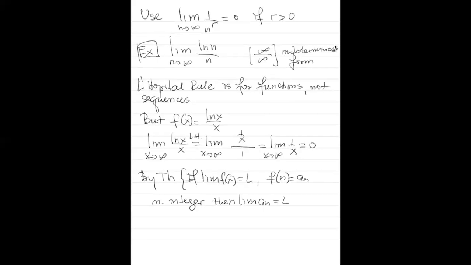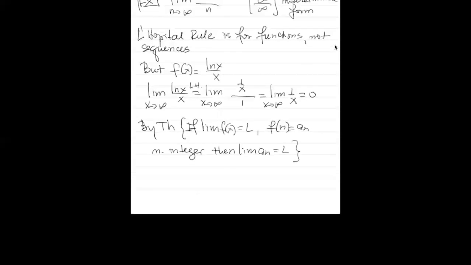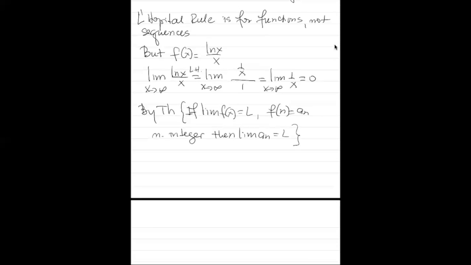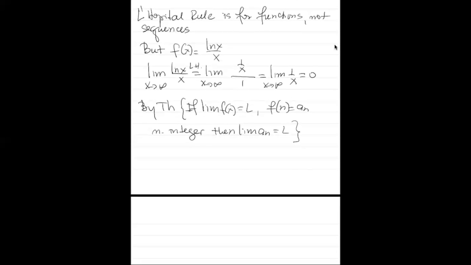X can go to a number as well, or infinity. So this is the theorem we're going to use that provides the connection between what we know for functions and sequences. So that by theorem, we have that the limit of ln n over n when n goes to infinity is 0.